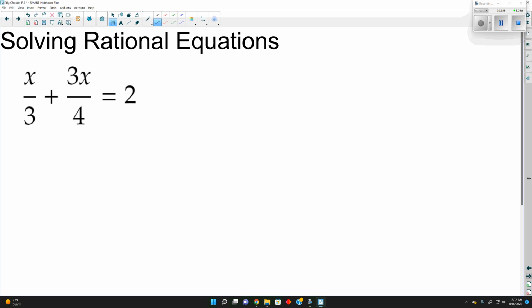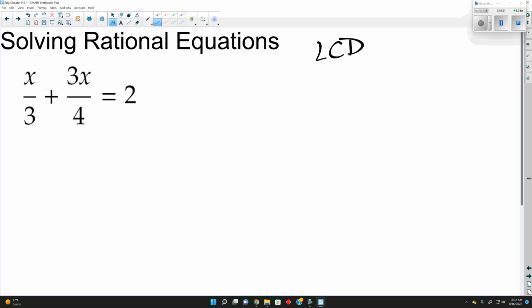Now, even though this does involve fractions, it's a rational equation, but it's kind of nice because we don't have variables in the denominator, the bottom of the fraction. One handy tip when working with fractions, decimals, anything like that, is using a least common denominator.